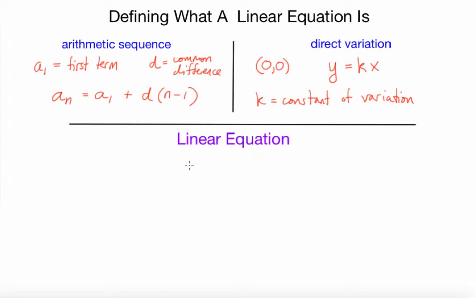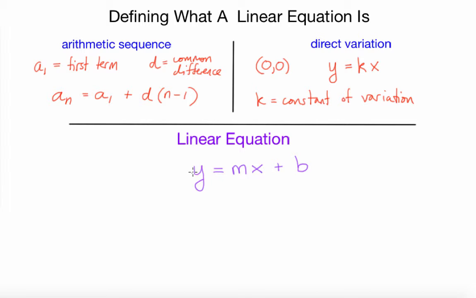One way we can write a linear equation is y equals m times x plus some constant number b. Every linear equation can be written in this form. So let's break down what all these letters mean. Letters, numbers, symbols all over the place, and we want to give them some meaning.